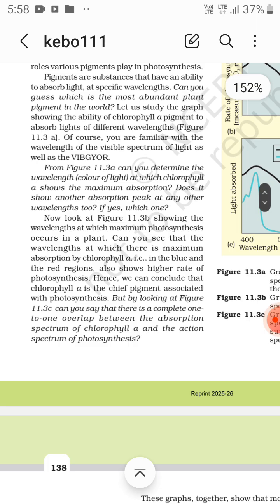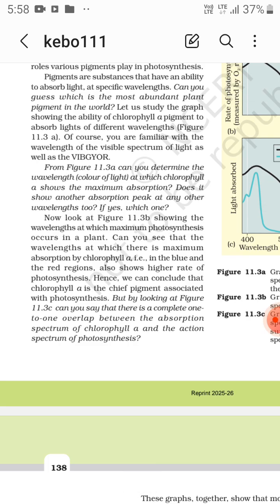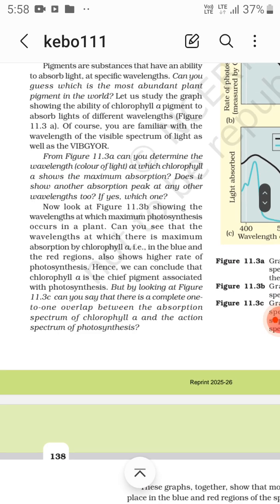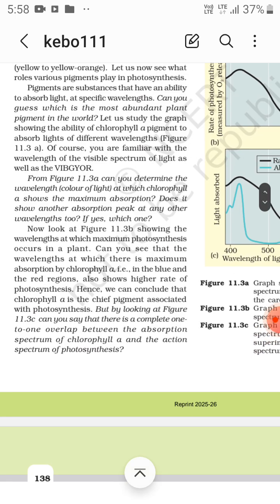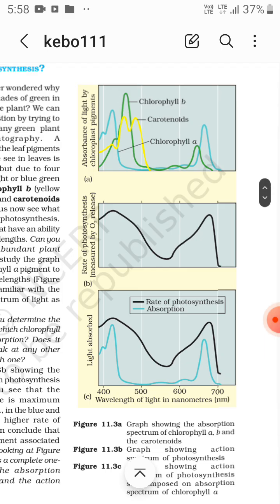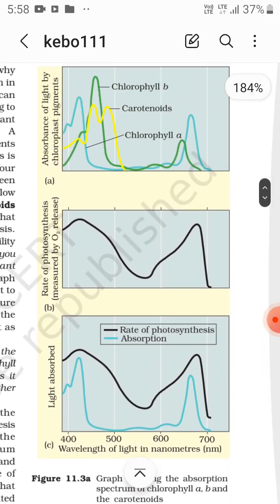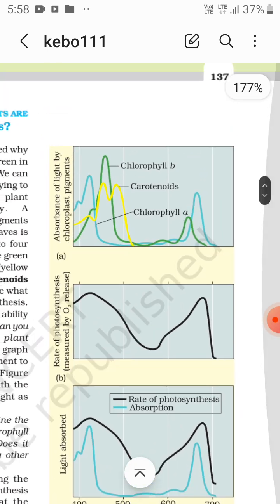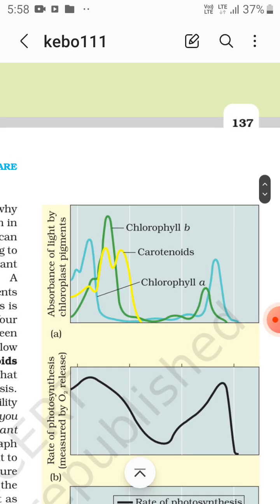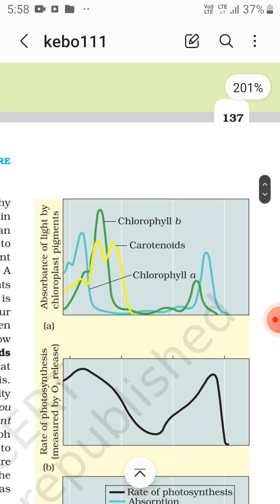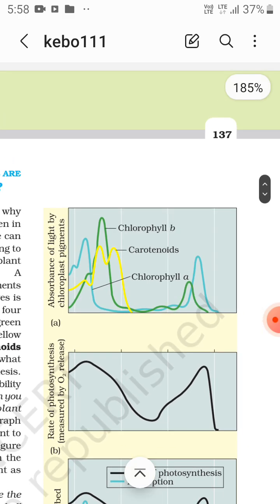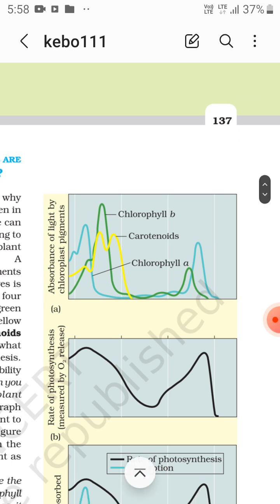Okay, so can you see that there is a complete one-to-one overlap between the absorption spectrum of chlorophyll A and the action spectrum of photosynthesis? Yes, there is. As you can see, the first diagram shows the absorbance of light by chloroplast pigments, that is chlorophyll A, then chlorophyll B, then carotenoids.